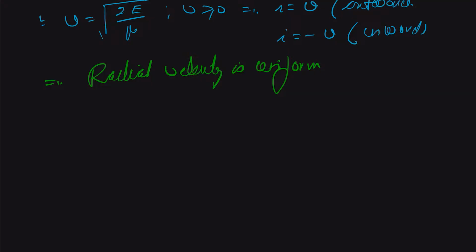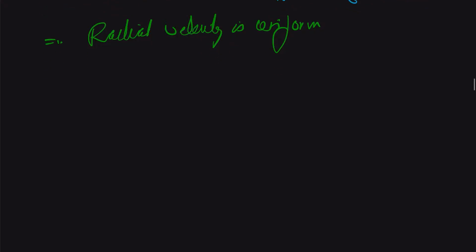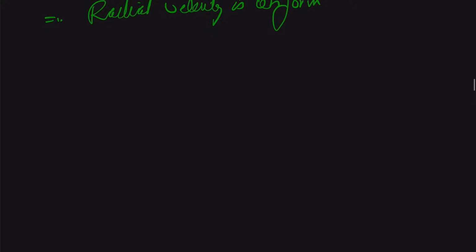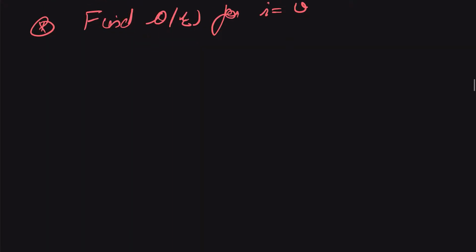And finally we are going to find out our theta. That was the last part in the question itself. Therefore we can say that we are going to find this theta, which will be dependent upon r for the radial velocity given as v.